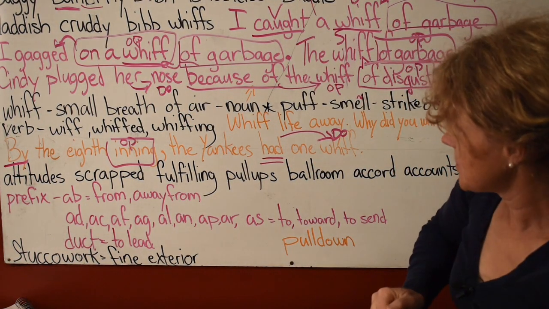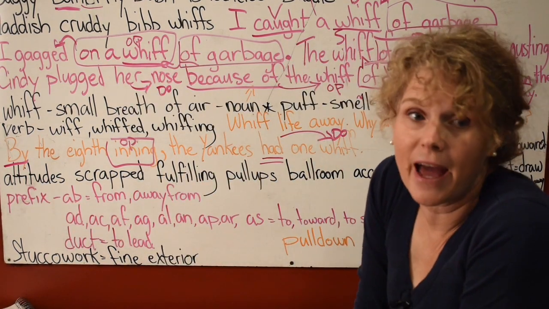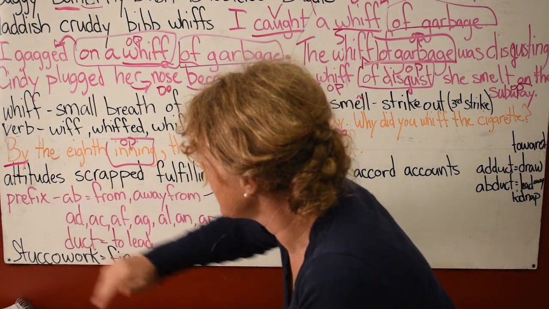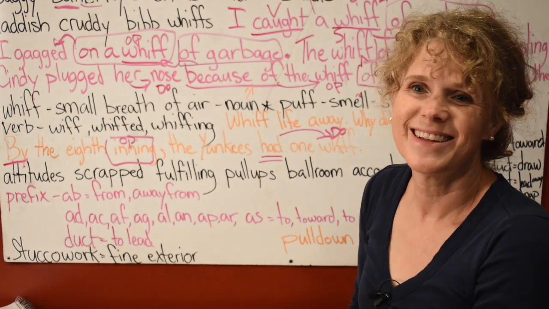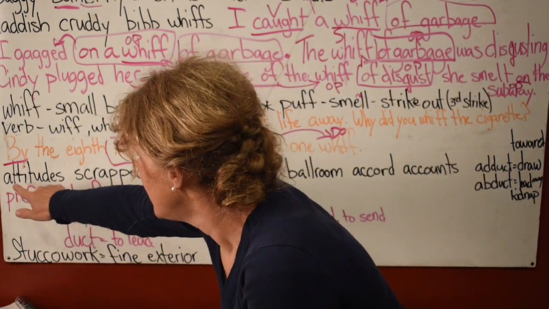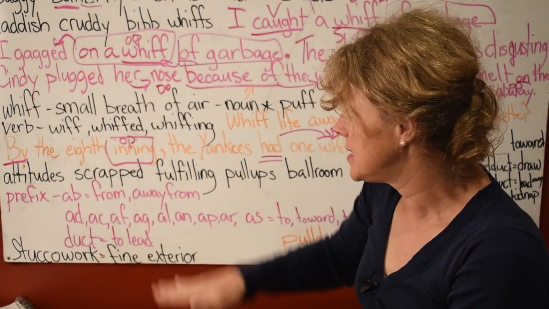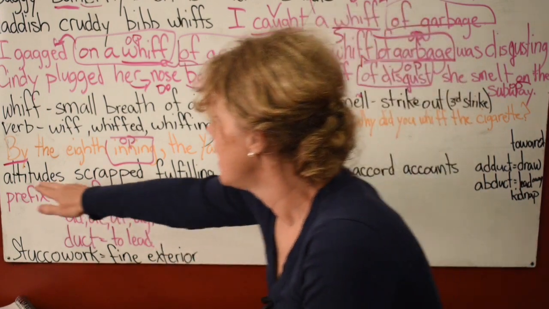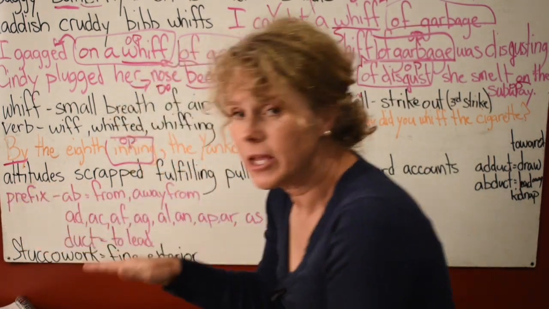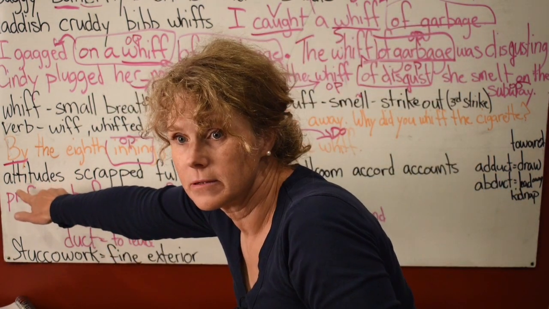Okay, so now let's look at our doubling again, so you're not going to get bored. We want attitudes. Why is that double? Okay, so we have attitudes. Now, this one right here, attitude. So attitude is your base word, and can you hear it go, where's the T falling?